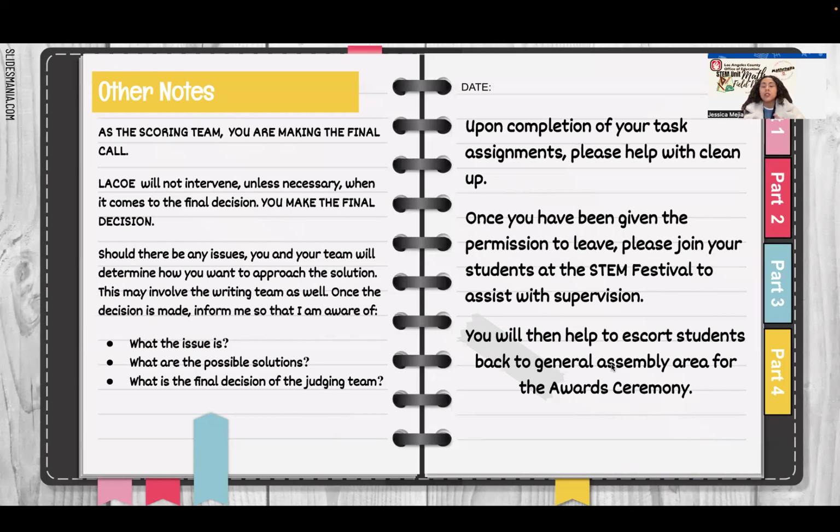Again, it is the scorer's responsibility to make that final decision. If there are any issues, we encourage a solution-oriented process. So we want to make sure we identify what the issue is, what our possible solutions are, and then what the final decision of the judging team is, right?